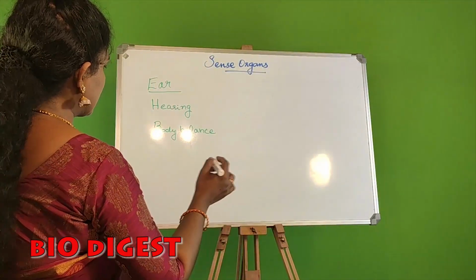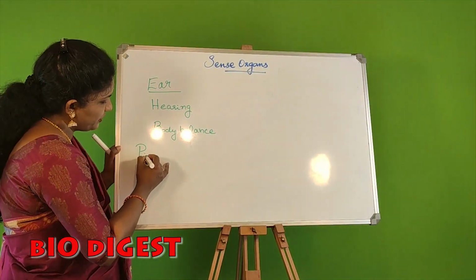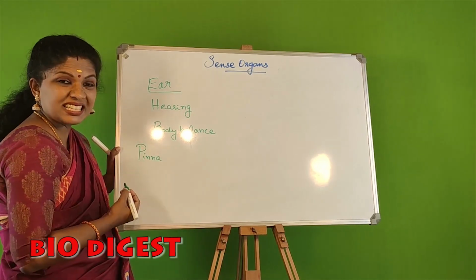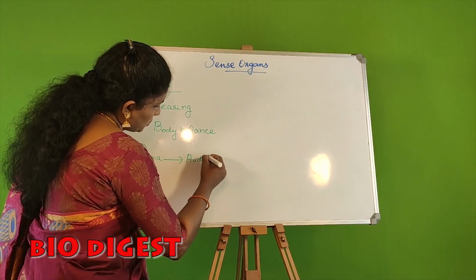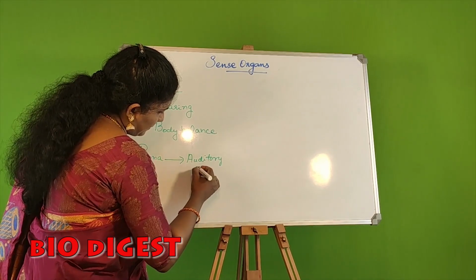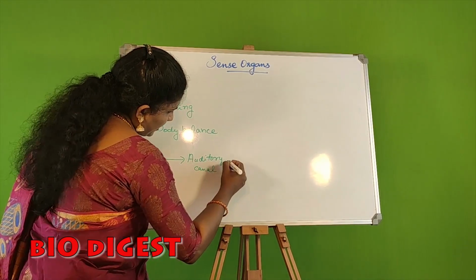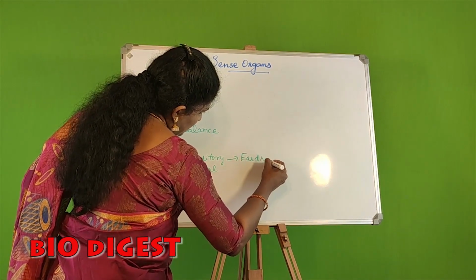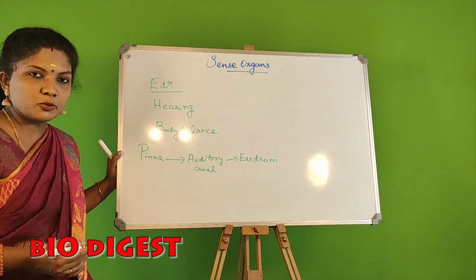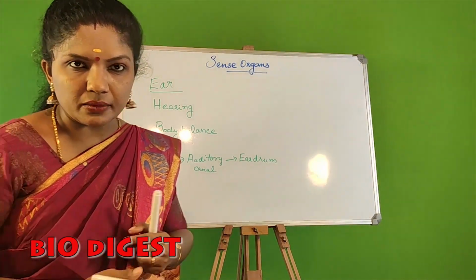So, I'll write that like this. First, the pinna collects the sound waves, conducted through the auditory canal, and finally strikes the eardrum. All these three are the parts of the outer ear.